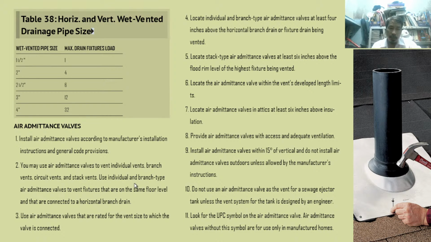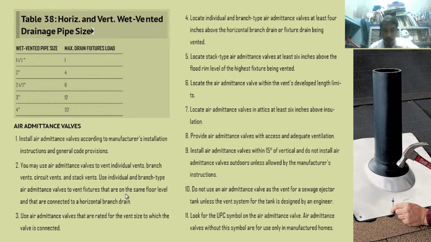Use individual and branch type air admittance valves to vent fixtures that are on the same floor. Do not connect admittance valves from different floor levels. Use admittance valves that are rated for the vent size to which the valve is connected.